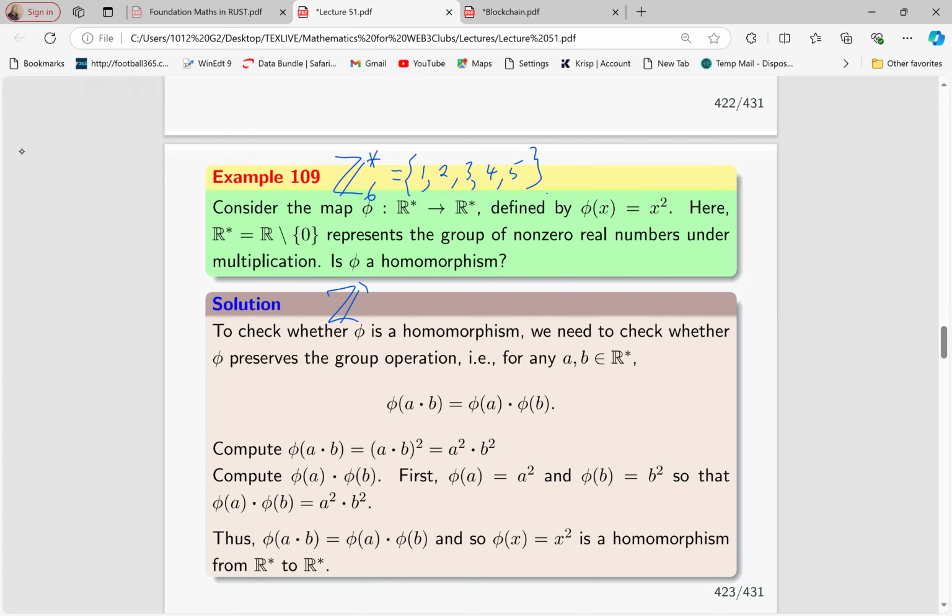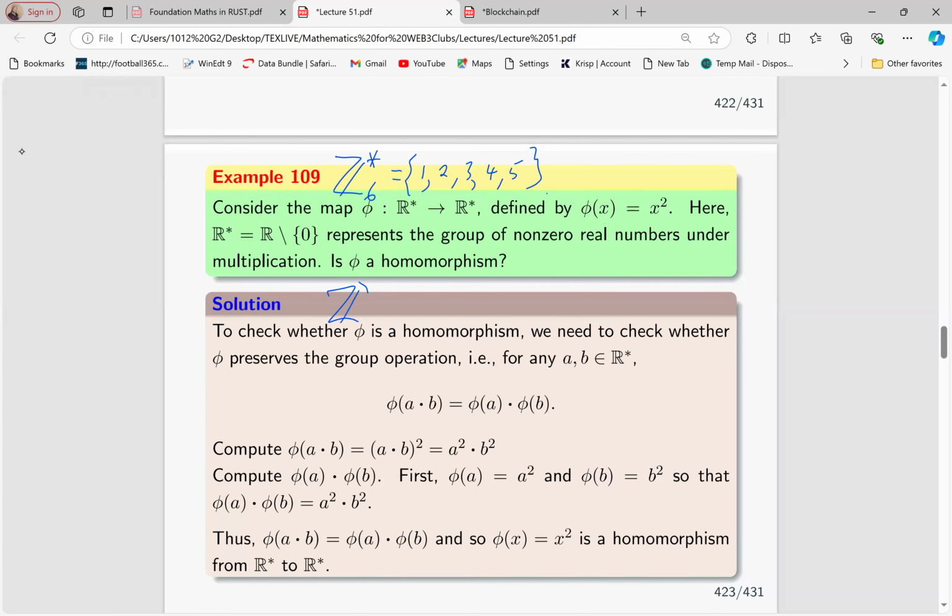For instance, the inverse of 2 is not there. You cannot find an element in this set which, when multiplied by 2, gives you 1. That element is not there. 3 has no inverse. There's no element which multiplied by 3 would give you 1.